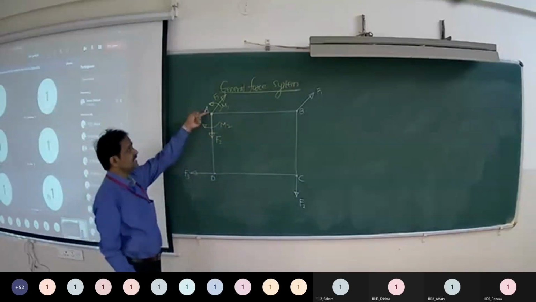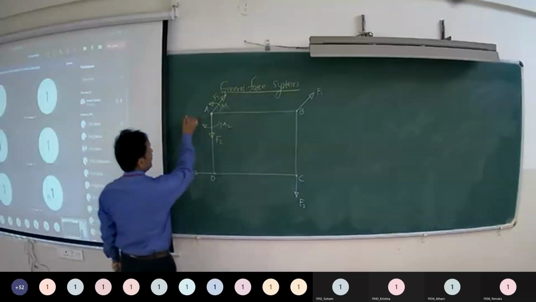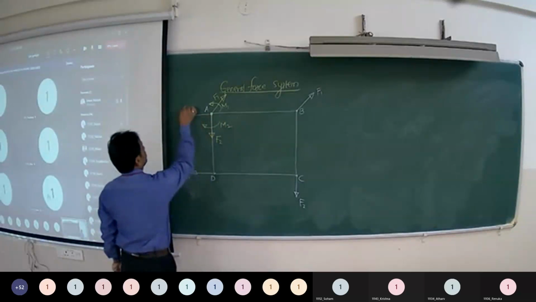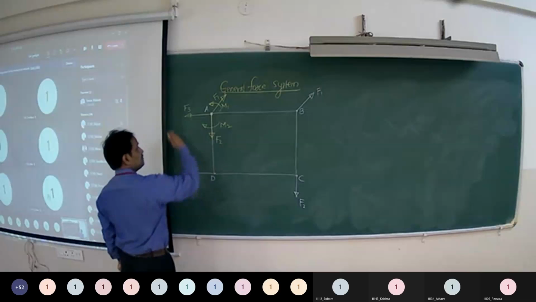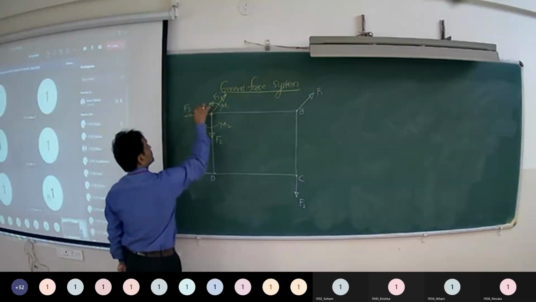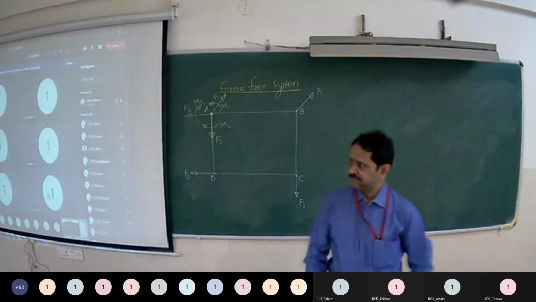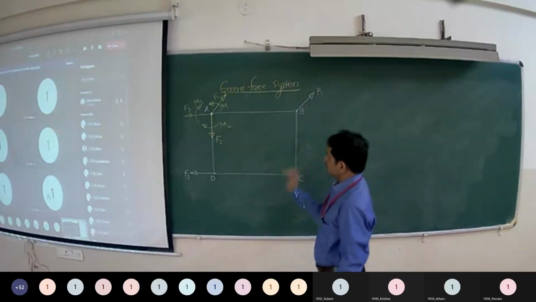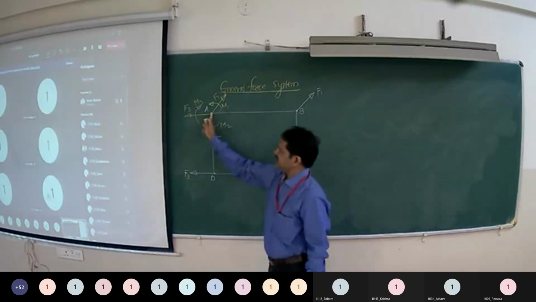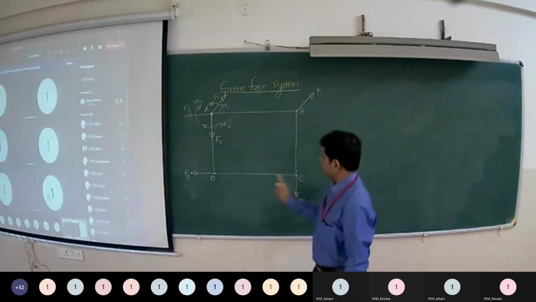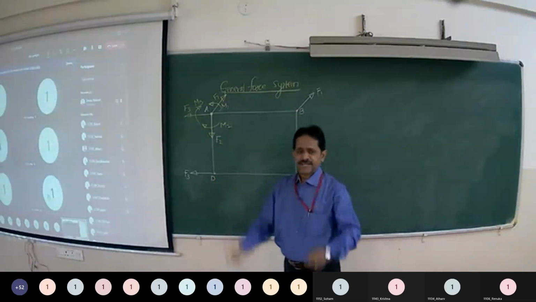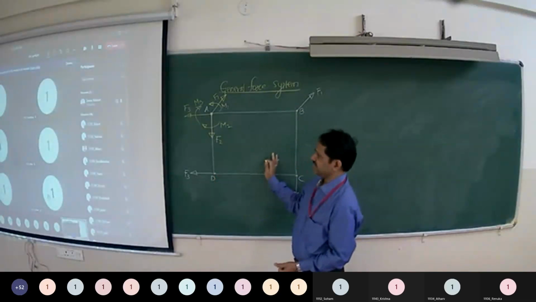Transfer F3 from D to A parallelly. That F3 is accompanied by a moment clockwise, magnitude M3. Is it clear? So all these three forces are transferred parallelly to point A, but the effect of these forces remains same. We are not changing the effect.